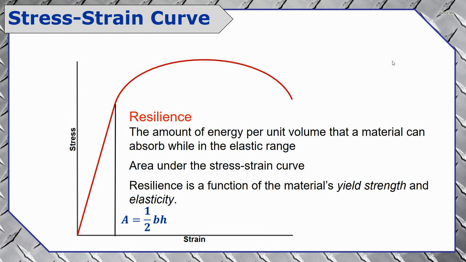So if we find the area of this triangle, we have a number we can use to quantify and compare the resilience of two different materials. This is a function of the material's yield strength as well as its elasticity. So a material that has equal strength but greater elasticity is going to have a triangle here with a larger area. Materials that are stronger and more elastic are going to be more resilient.